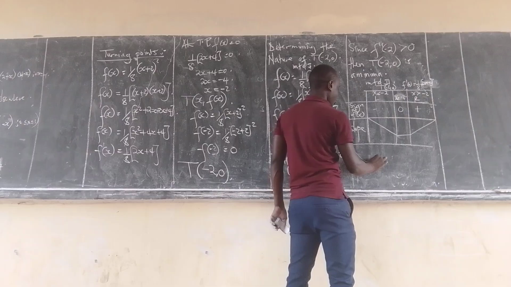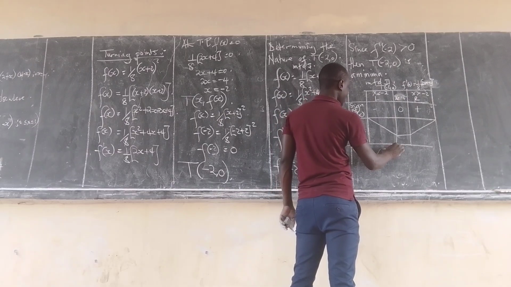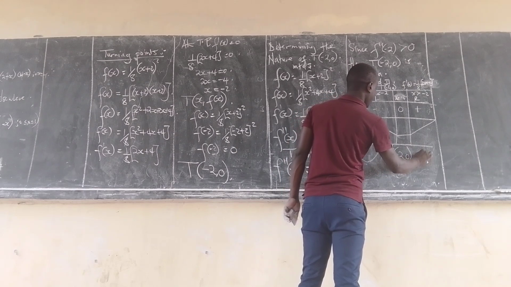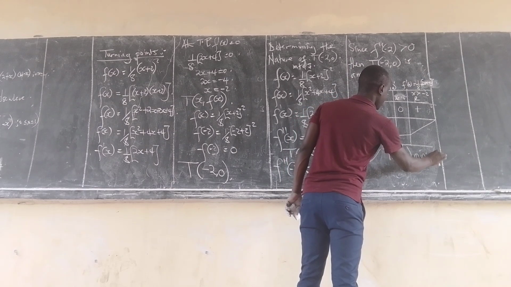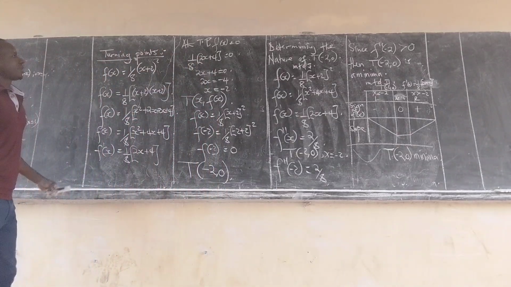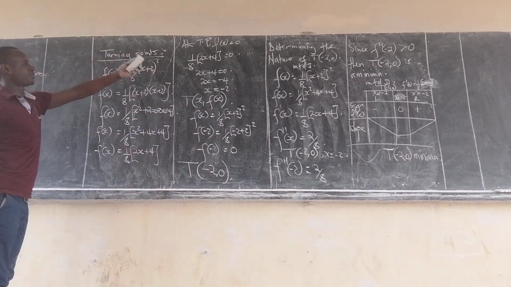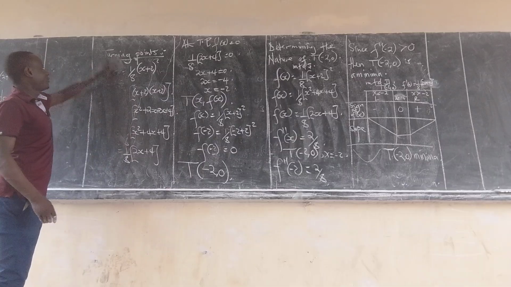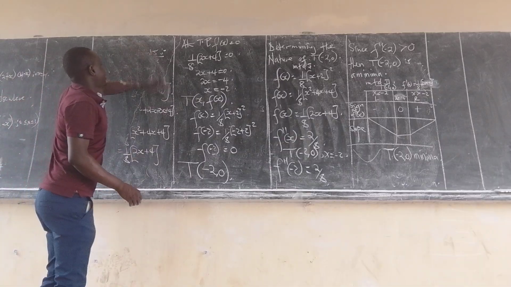And once you get a U-shaped curve, it means that the turning point, which is negative 2, 0, is a minimum, because it is forming a U-shaped curve. Now, having obtained the turning point and also its nature, let us now go for the intercepts.